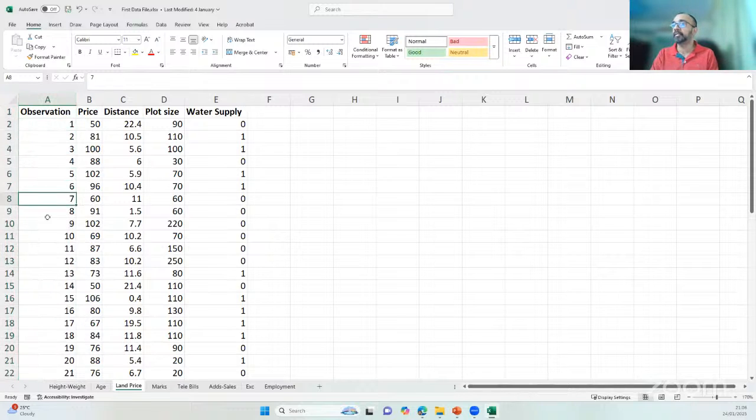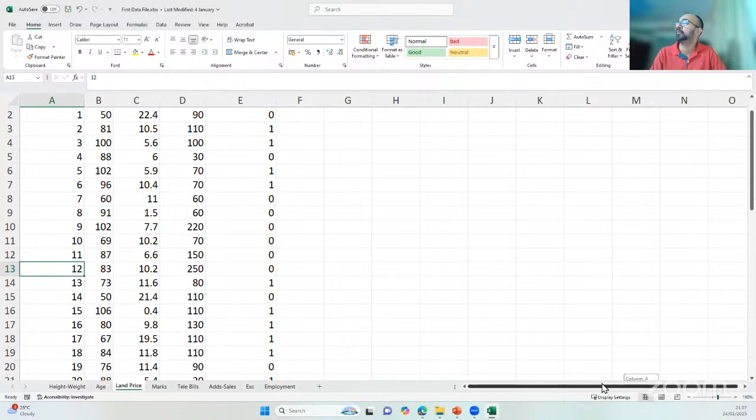So this data is collected from several plots of land an organization has bought. The property developers do this, so they buy lands and sell, right? This property developer, I don't know whether they actually develop the land. Very often they just bulldoze the land and sell.